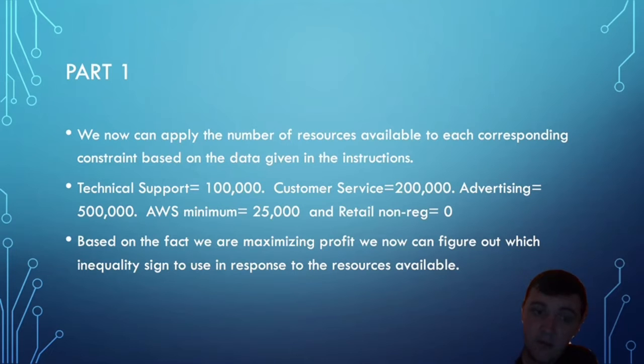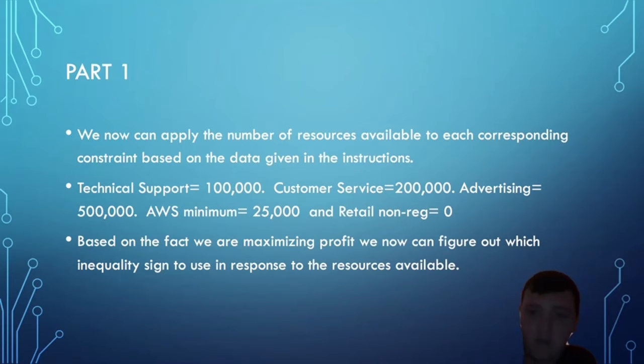For technical support, we had 100,000 hours available. Customer service, we had 200,000 hours. Advertising, we had 500,000, and Amazon Web Services minimum, we had 25,000, and then the retail non-reg would just be constant at zero.